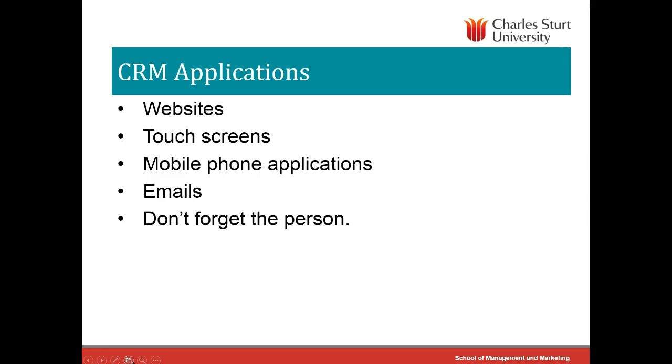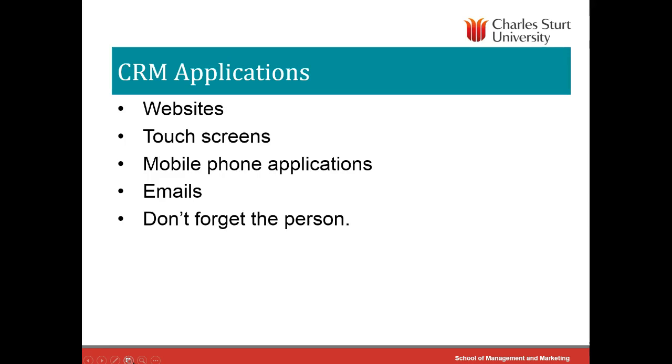Now, there are a number of technological applications. Websites might be familiar, touchscreens, mobile phone applications now. So, for example, the Uber application, the application for Netflix, the application for Amazon. Let's have a look at my mobile phone.